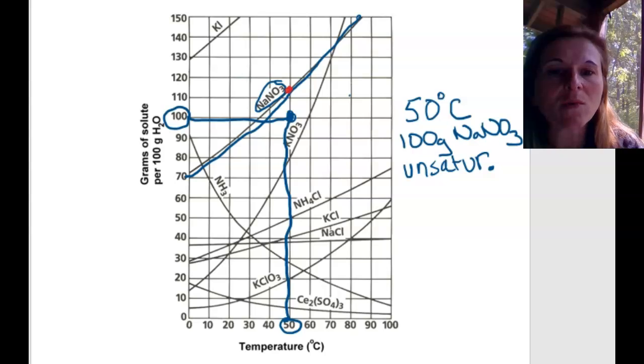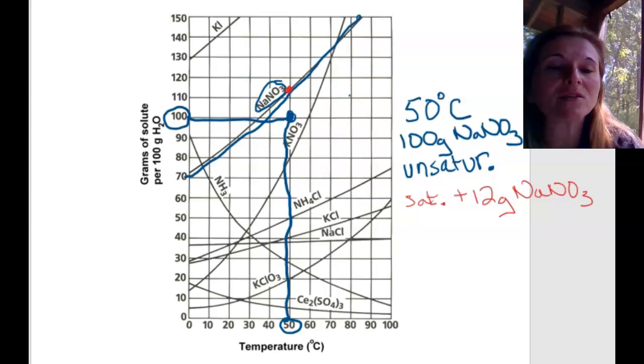We want to increase it to about 112 grams. So to make it saturated, we want to add 12 more grams of NaNO3. If we wanted to make it supersaturated, then it would be anything up here, so we would add greater than 12 grams.